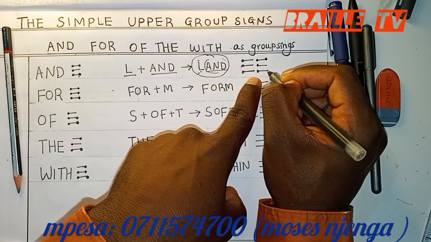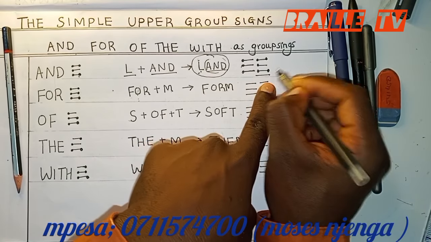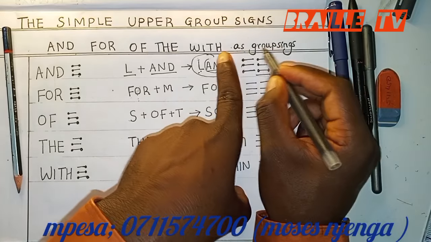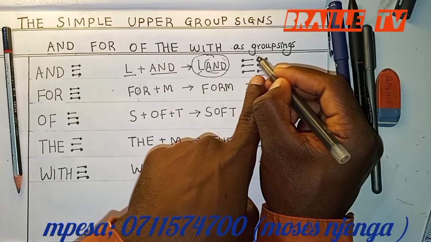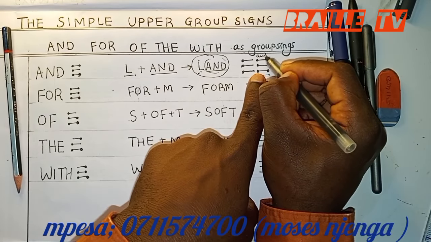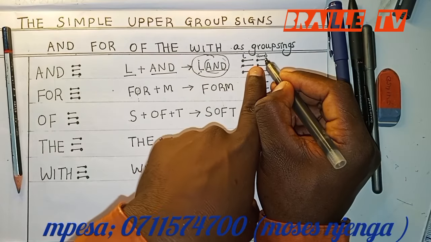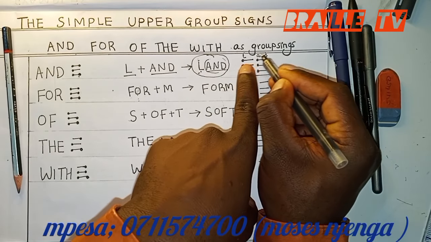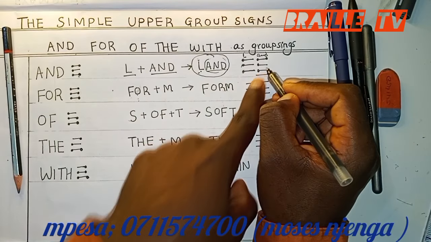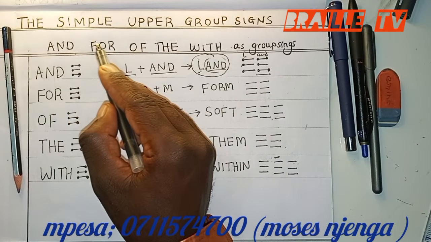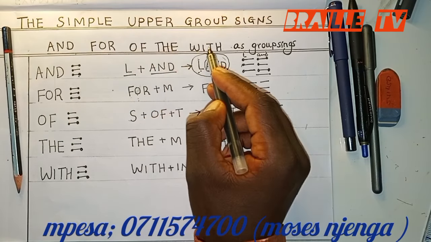So here you have used and as a group sign. This one means and, and this one is L. And that's why we are looking at and, for, of, the, with as group signs.